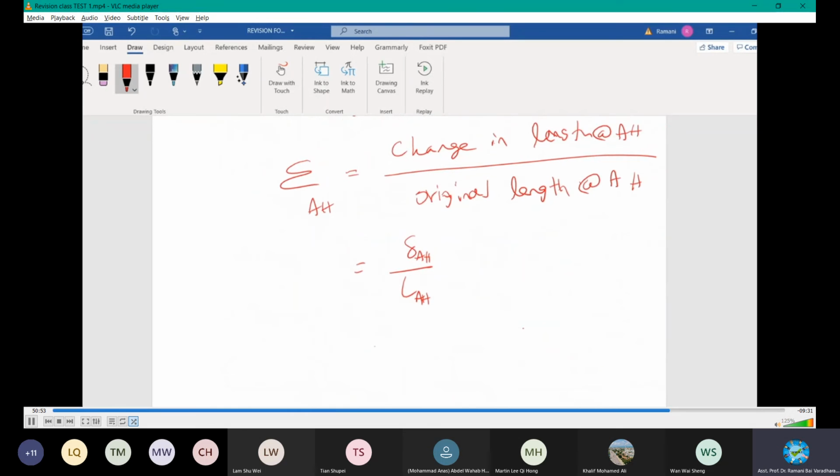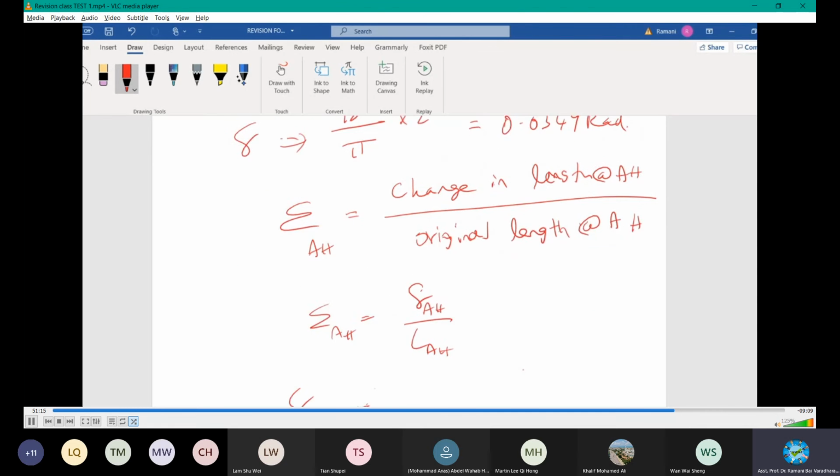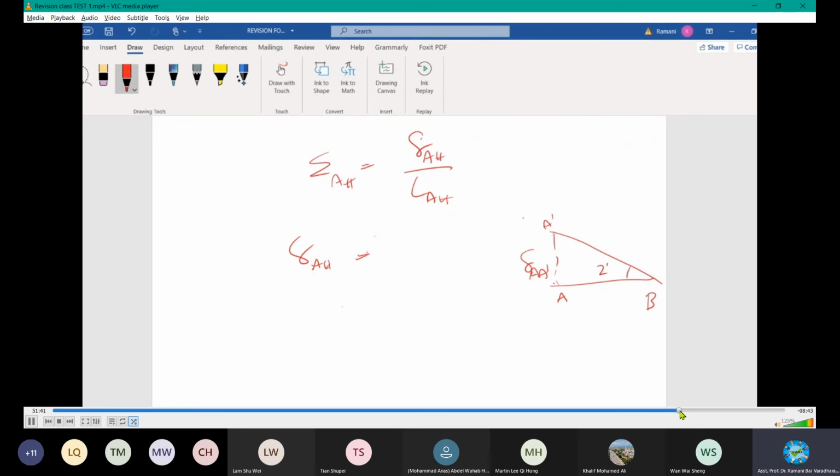In doing this, we do not remove this one. Let's find this value one by one; if I find one by one, it will be clear. Epsilon AH is equal to delta AH over original length AH. I need delta AH, so consider the triangle. If you want, I draw here. Consider the triangle like this, with the 2 degree angle.